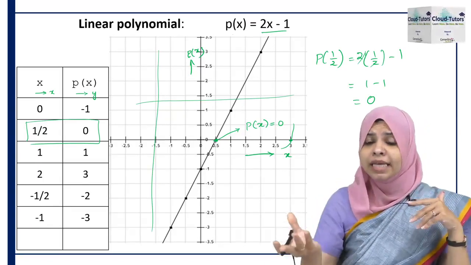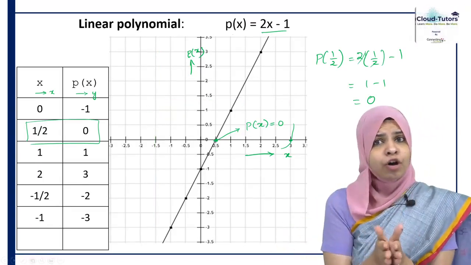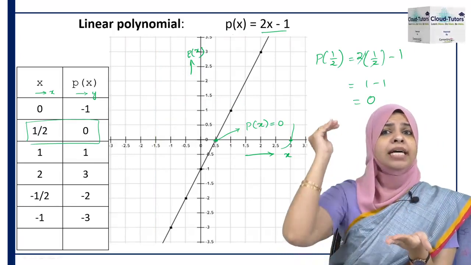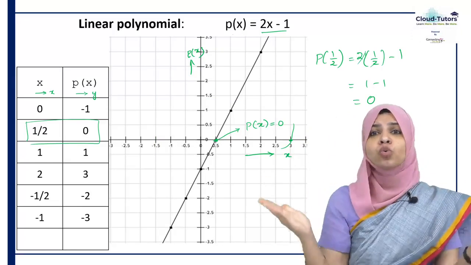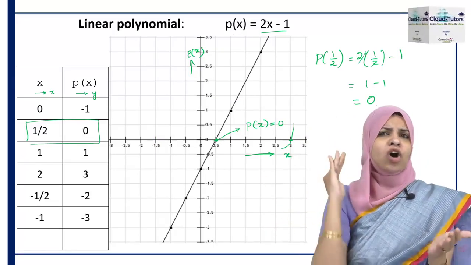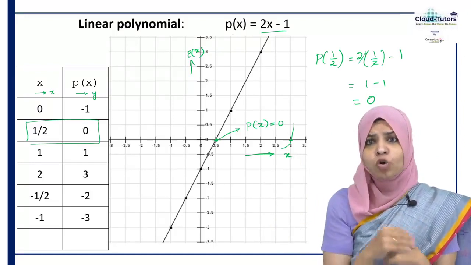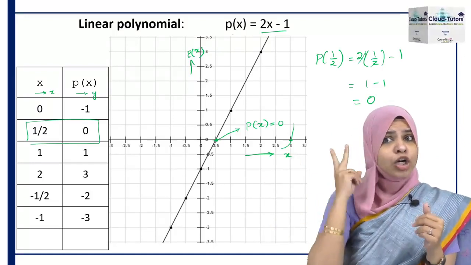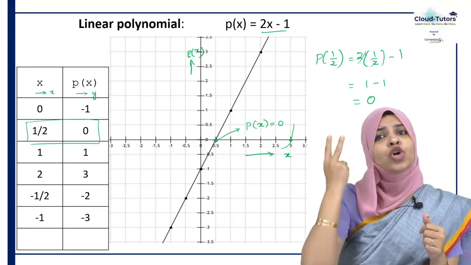So what does it mean? It means that a linear polynomial can have a maximum of 1 root or no roots at all. And that's working on the same logic. A quadratic polynomial, so degree is what? 2. So what does it mean? How many roots will it have? It will have 2 roots.